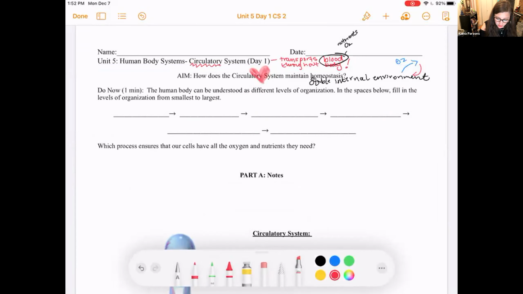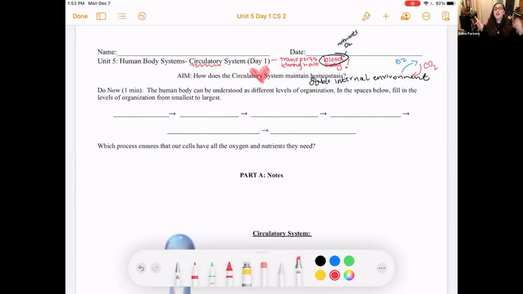Right? And this function of gas exchange that involves our respiratory system and the transportation of nutrients that involves our digestive system are both intimately related with the circulatory system. And that should be making you think about things that we've already learned, right? It should be making you think about what that glucose and oxygen are doing at a cellular level, right?